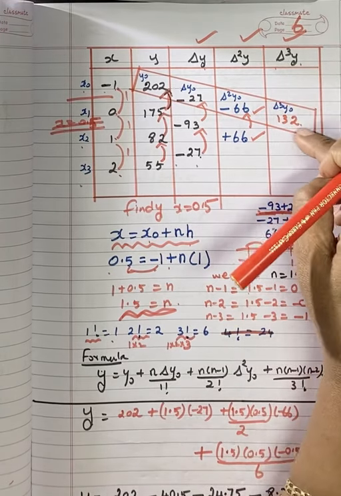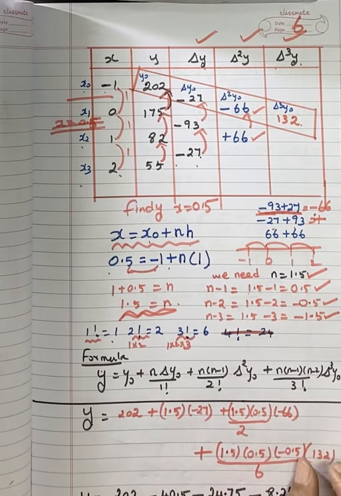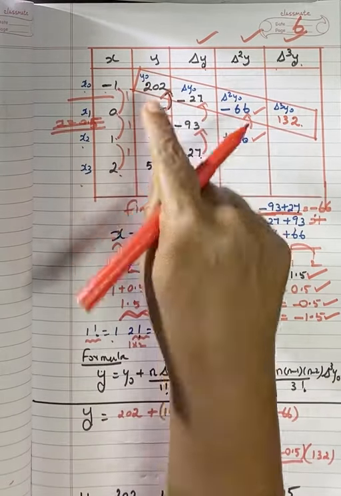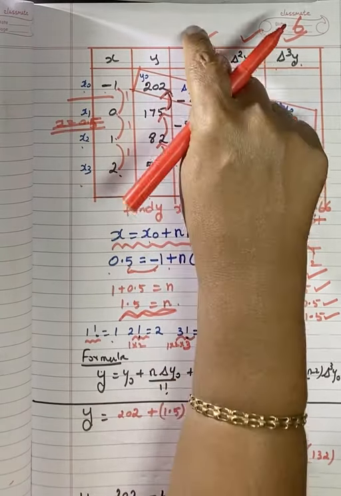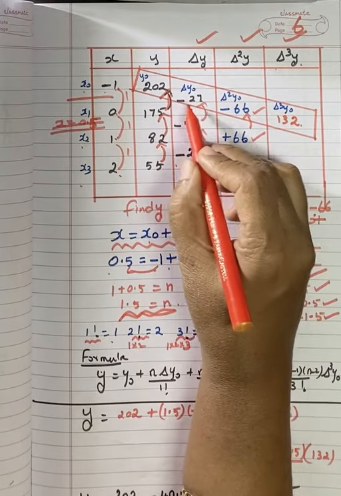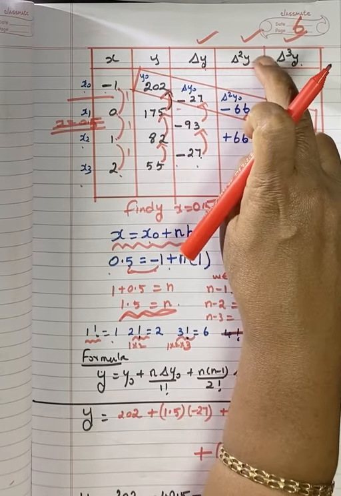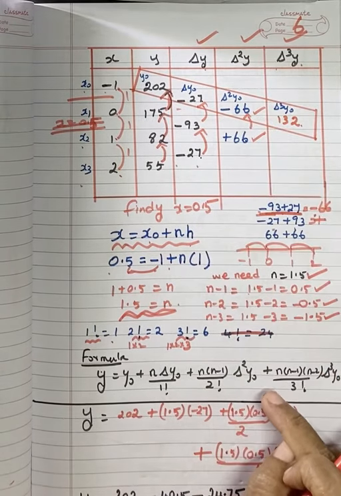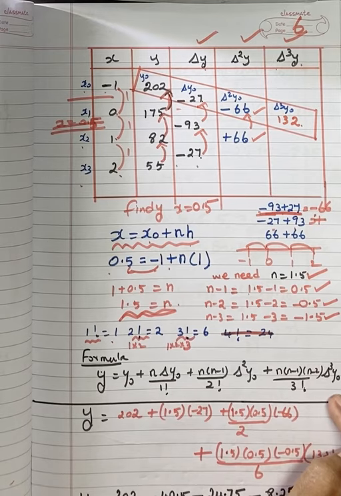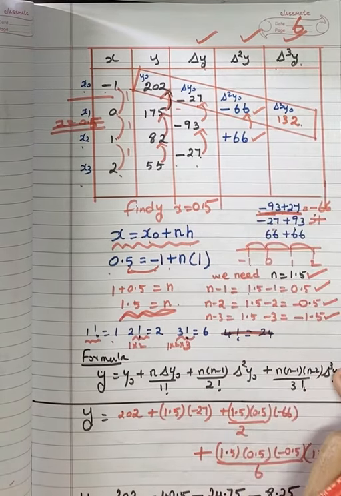I have only till delta cube, so you finish with delta cube, no need of writing other. Now I am going to substitute. What is my y naught? 202. What is my delta y naught? Here, what is the first y? Minus 27. So this is delta y naught. What is delta square y naught? In delta square, first value, minus 66. What is delta cube y naught? In delta cube y, only one value, so it is 132.